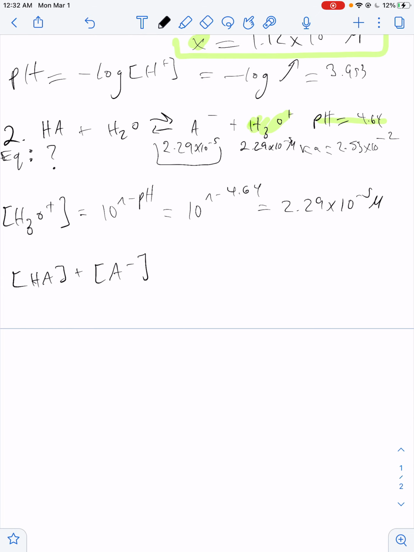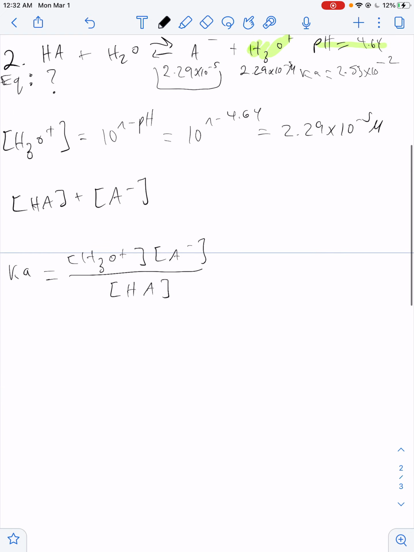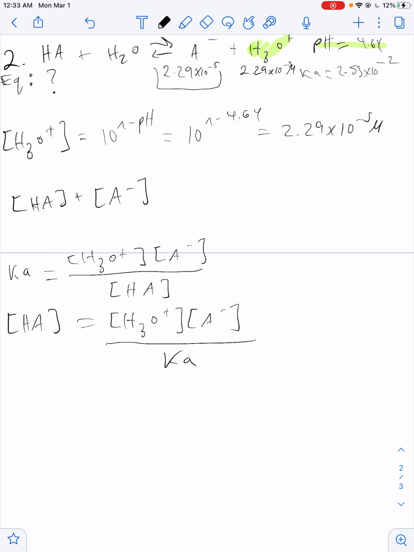To find the concentration of HA, we can use a Ka expression. Ka equals H3O plus times A minus over HA, and then we rearrange this to get HA equals H3O plus times A minus over Ka.